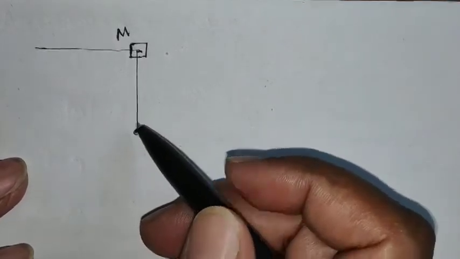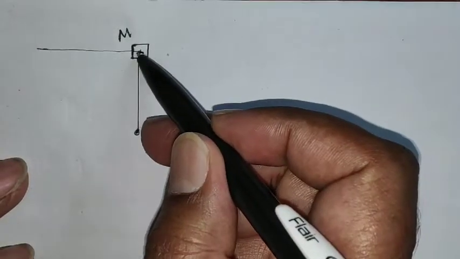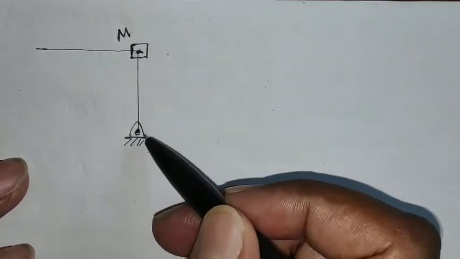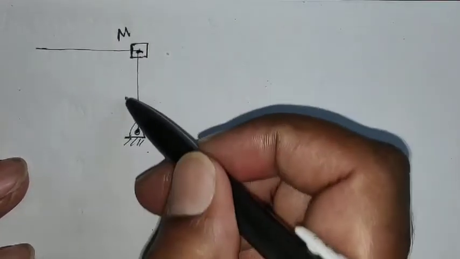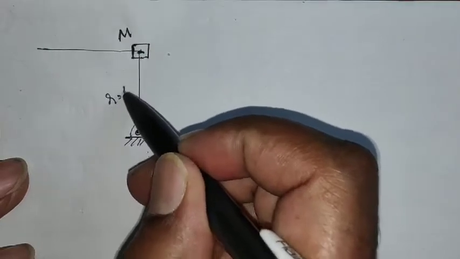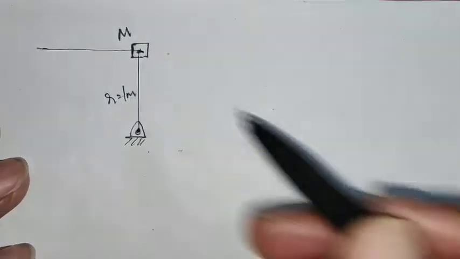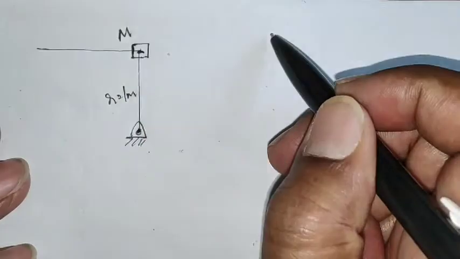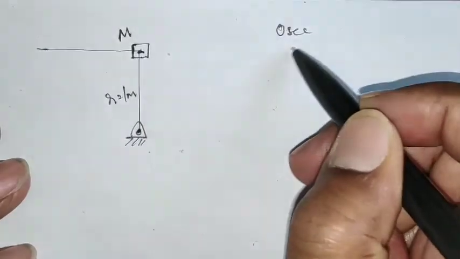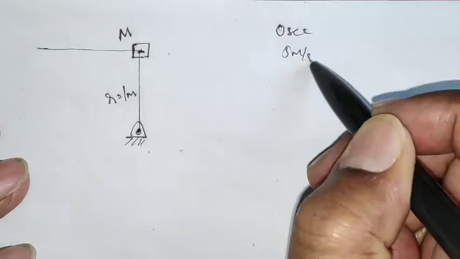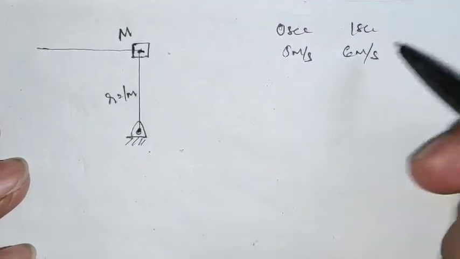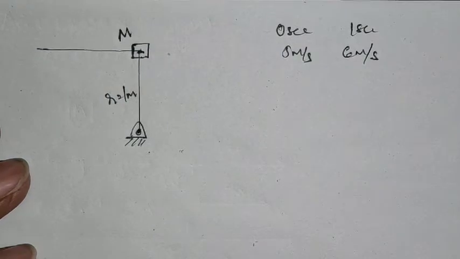You can almost imagine that this body m is connected through a link like this, at a radius r, which may be 1 meter. And this body earlier, as per the example, at 0 second was moving at 5 meter per second. After 1 second it was moving at 6 meters per second. So it is increasing its velocity.